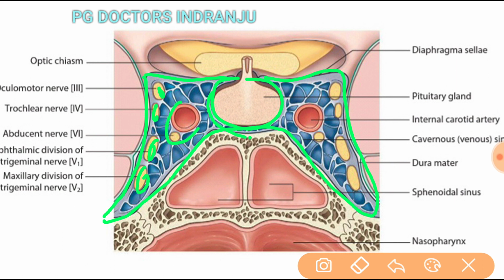Here one thing you have to remember: this is the internal carotid artery, and along with the internal carotid artery there is the abducent nerve. In the antero-posterior direction there is the third cranial nerve, then third, fourth, fifth, the first division of fifth and the second division of fifth.